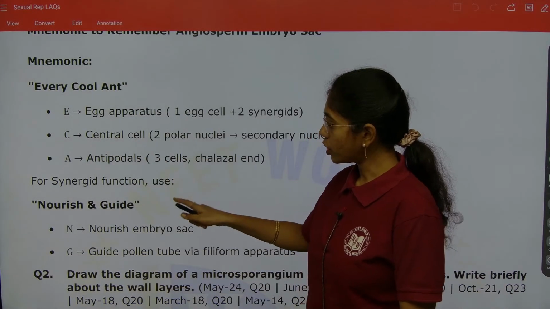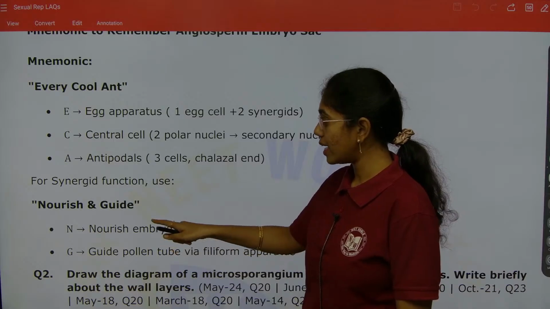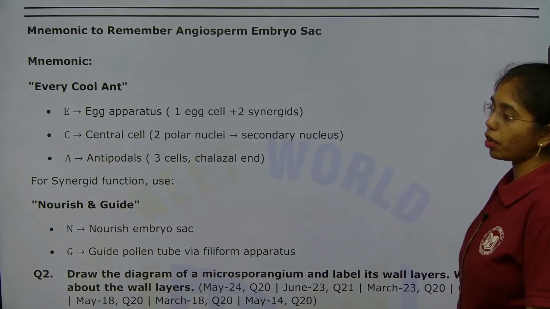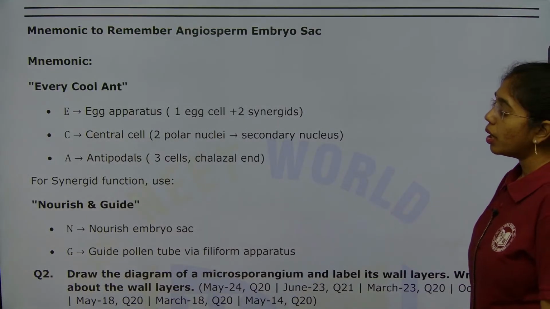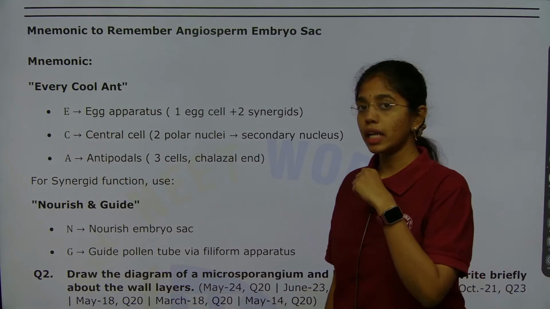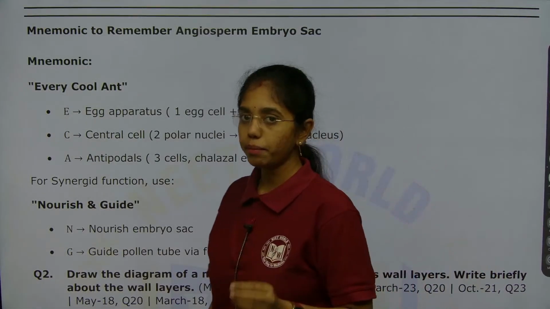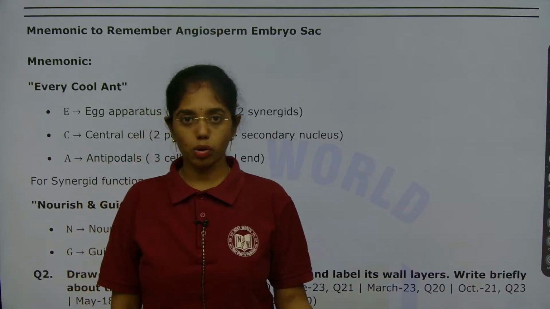For function: nourish and guide, that is, nourish the embryo sac and guide the pollen tube via the filiform apparatus. Most students will not need a mnemonic, because this answer about the embryo sac is very simple and basic.